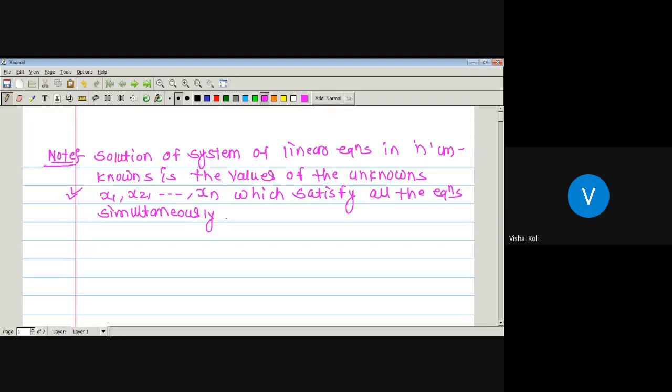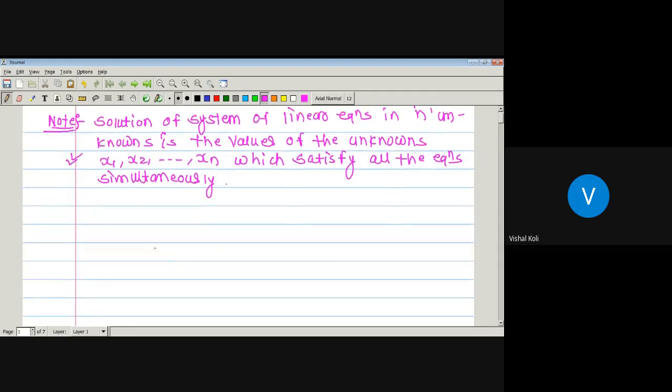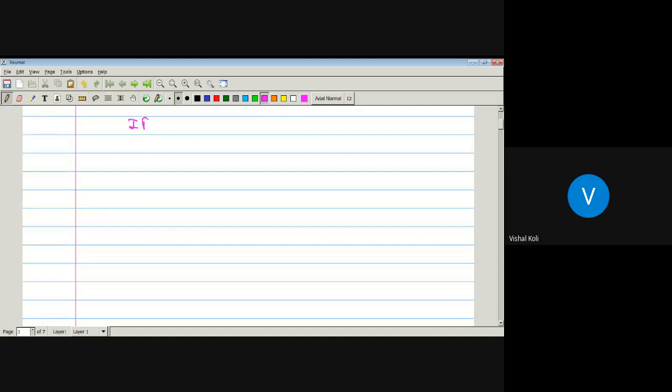Okay, for those values of x1, x2 up to so on xn, all the system of linear equations hold under these values. Now suppose x1 is equal to a1, x2 is equal to a2 up to so on xn is equal to an, which implies our matrix is nothing but x1, x2 up to so on xn.